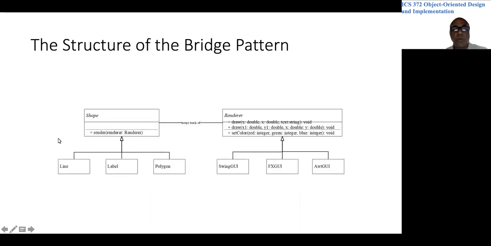So there is a shape superclass, a line, label, polygon, circle, rectangle, etc., etc. All the shapes come under this superclass shape. They are all subclasses. And every shape is responsible for rendering itself. So there is a render method.